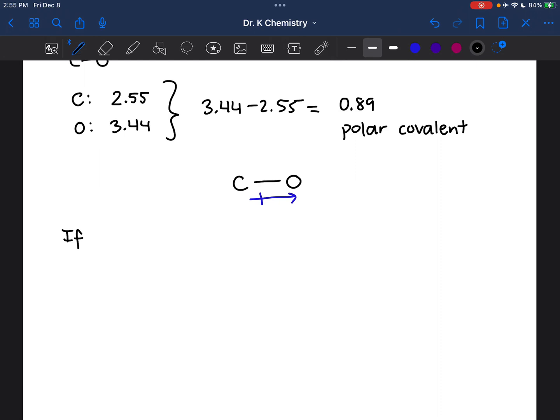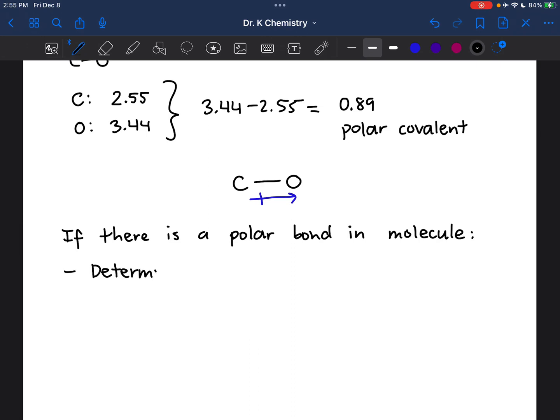And if we have a polar bond, so if there is a polar bond in the molecule, then we have to think about this further. And then you have to determine the shape of the molecule. So we're looking at molecular shape, not electronic shape.